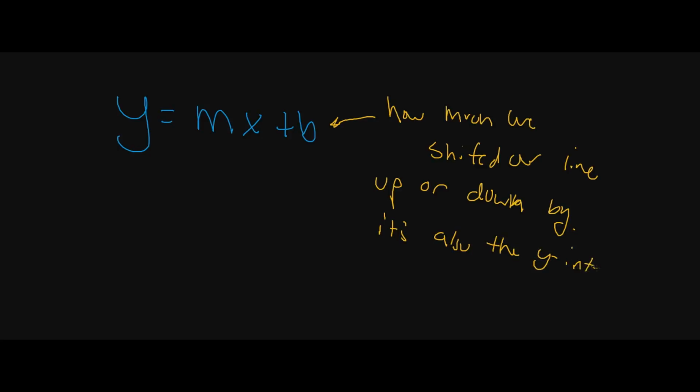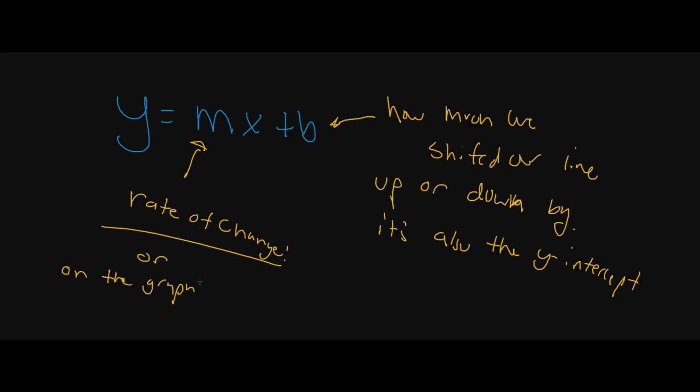You'll notice it's always the y-intercept. It's always where it crosses the y-axis. This here, the m, represents our rate of change. It's what we're adding or subtracting by every time, or on the graph, it's our slope triangle. Okay?